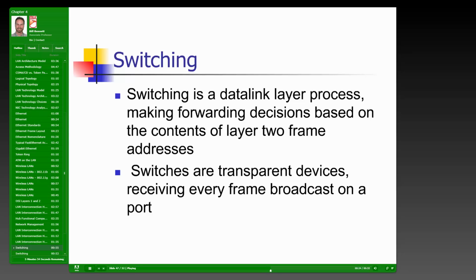Switches are also considered to be transparent devices in that the ports themselves don't have any MAC addresses. They just simply receive all of the frames that are being transmitted by a device and then look at the destination MAC, compare it to their LAT, their local address table, and then figure out which port to forward it out of.